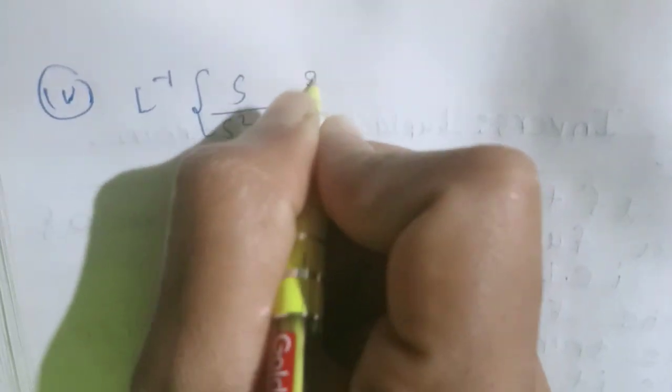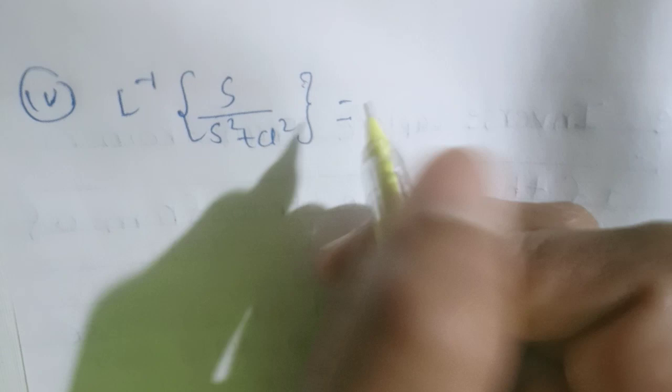Then the fourth formula: the inverse Laplace transform of s divided by s square plus a square is cos of at.